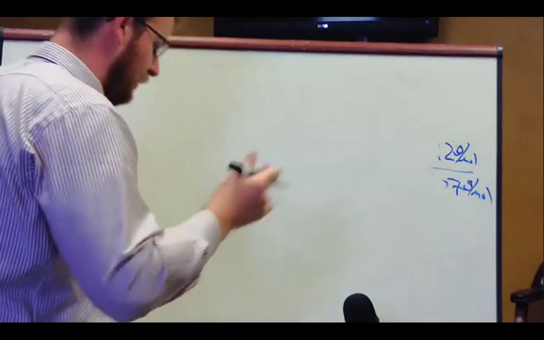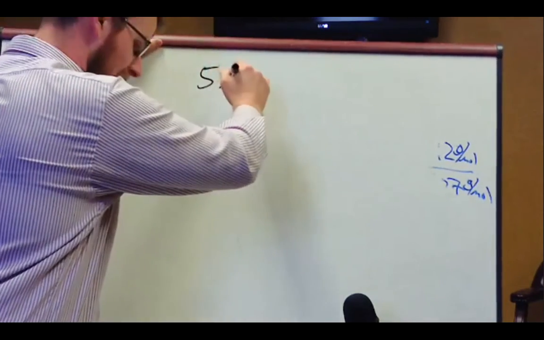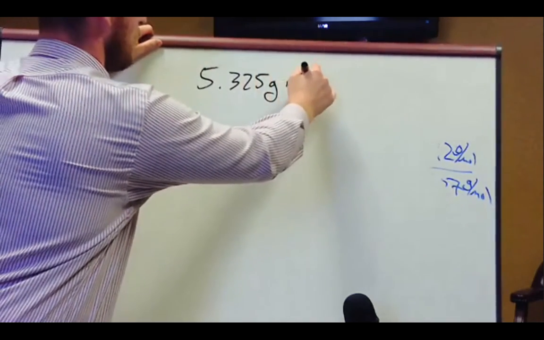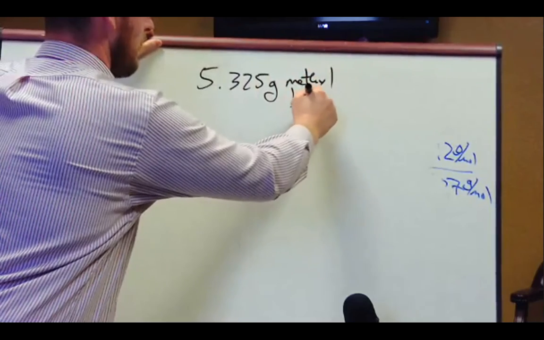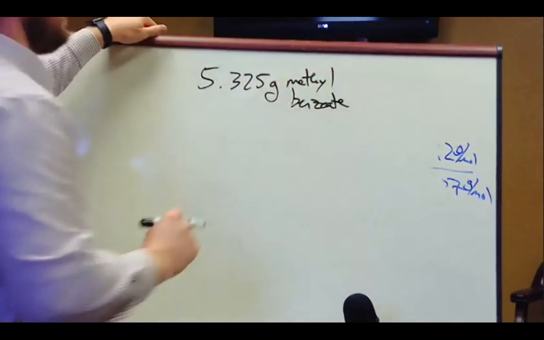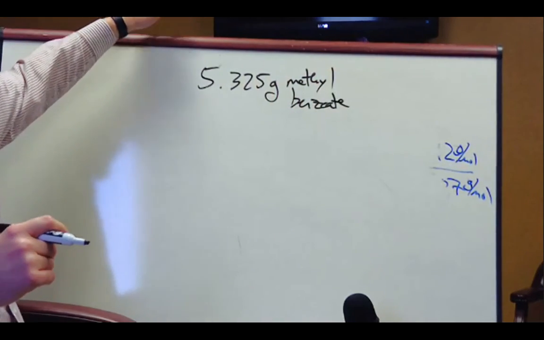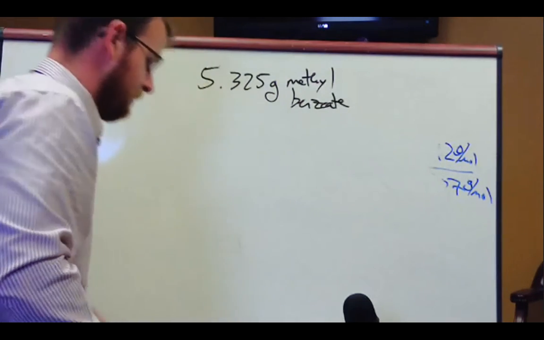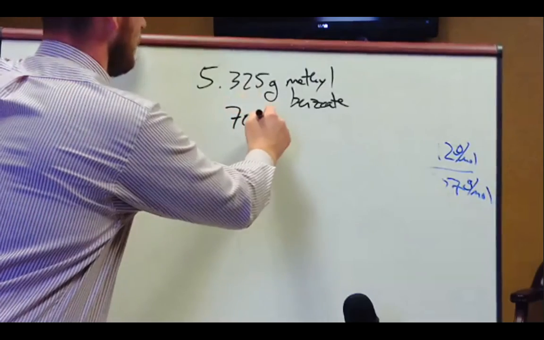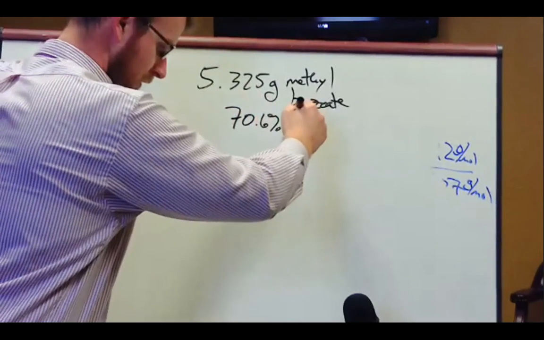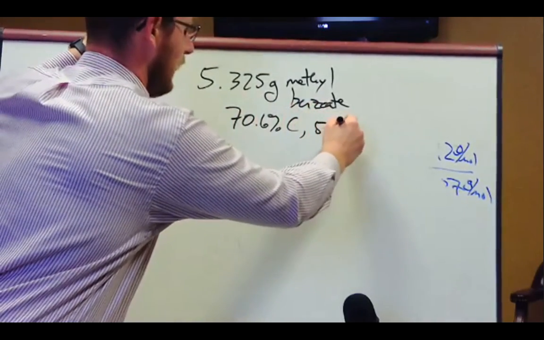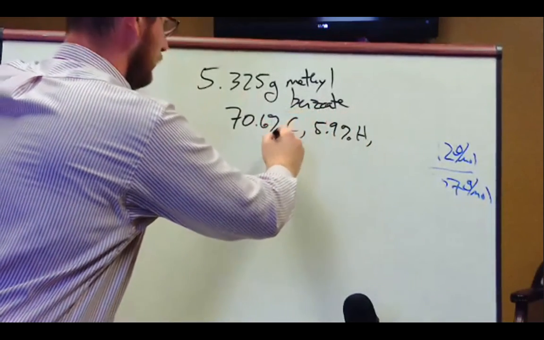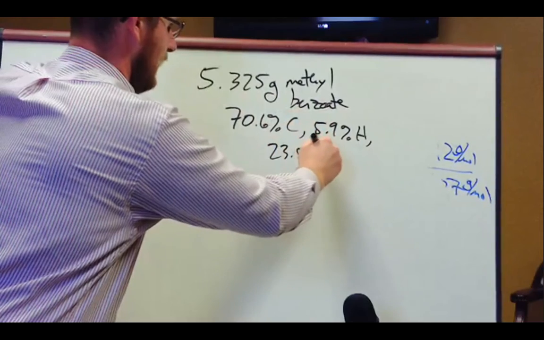So there's a thing called methyl benzoate, and you have 5.325 grams of that. You have 70.6% carbon, 5.9% hydrogen, and 23.5% oxygen.